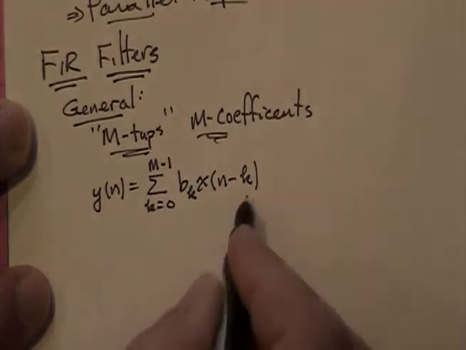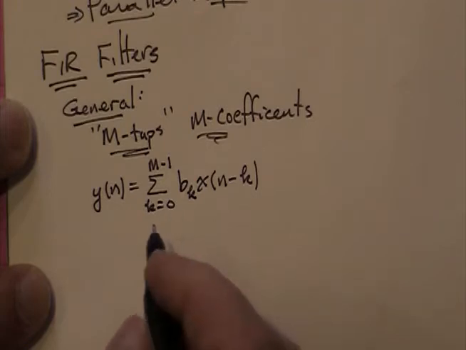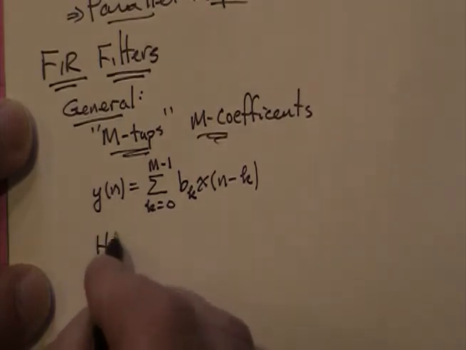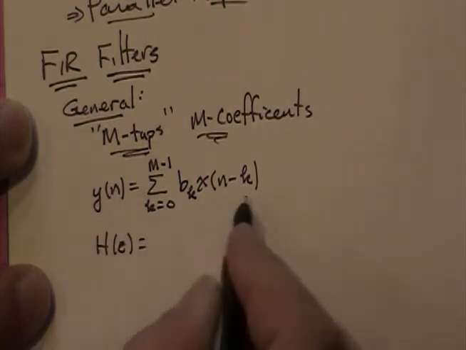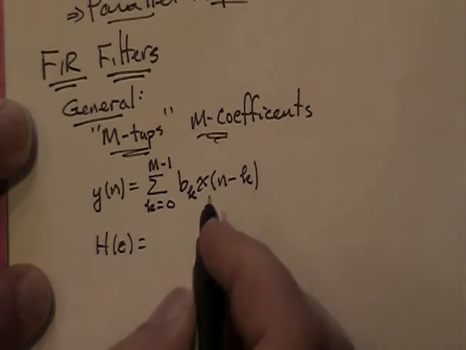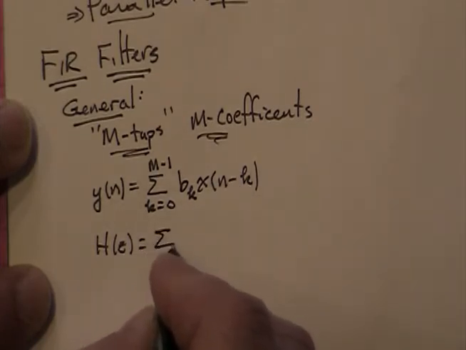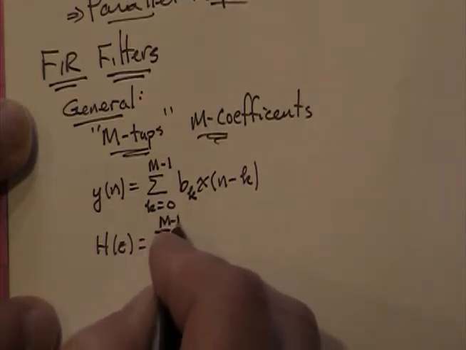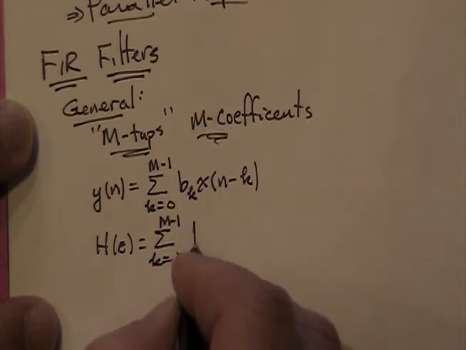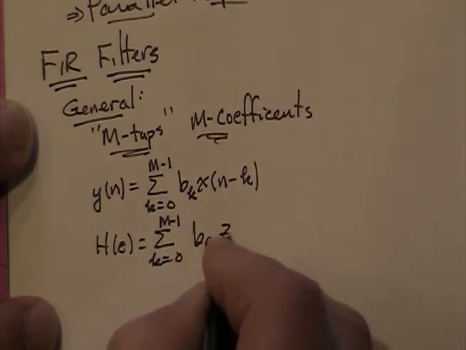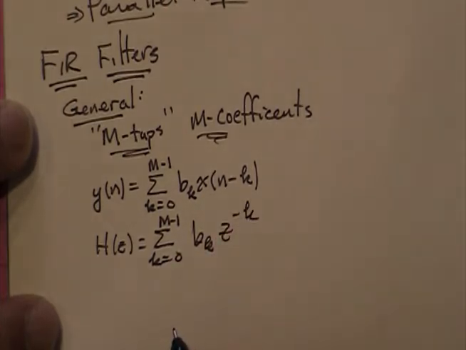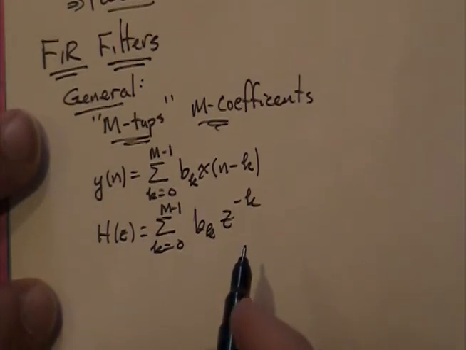So there's my FIR filter. My transfer function for that filter, H of z, is real easy. I just take a z transform of it. Every single term in here has a delay, so I end up with the summation k equals 0 to M minus 1 of b sub k times z to the minus k. There's my transfer function. It's just a polynomial in z.